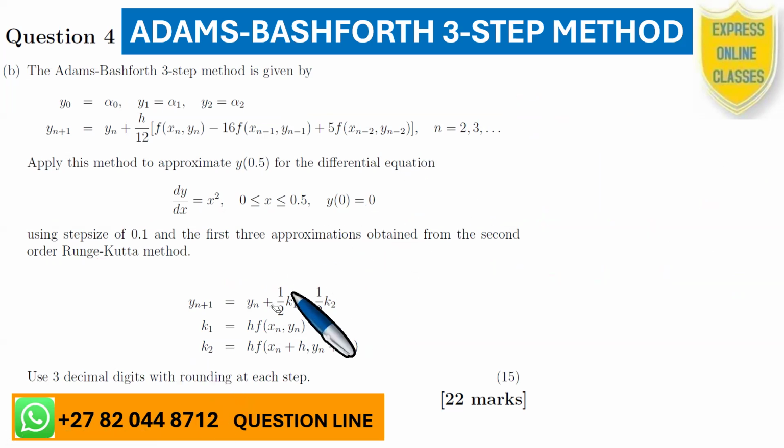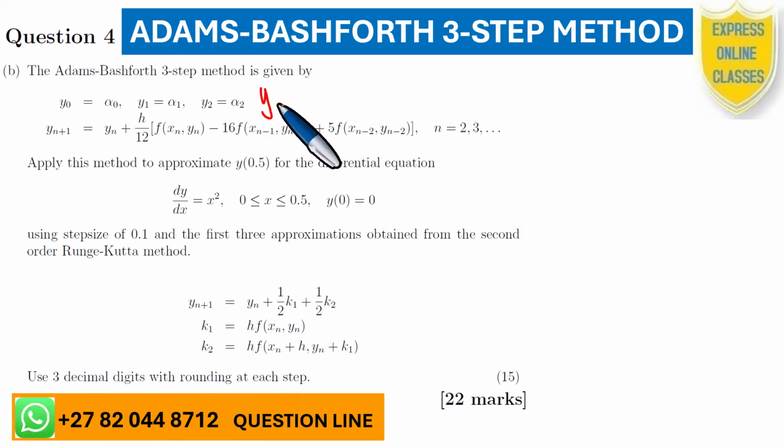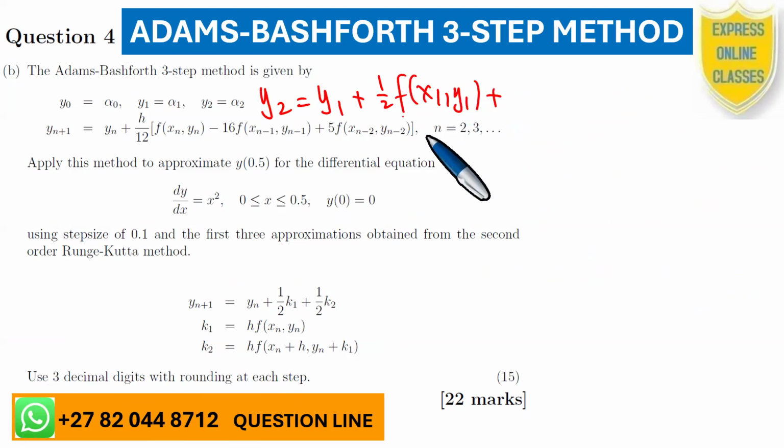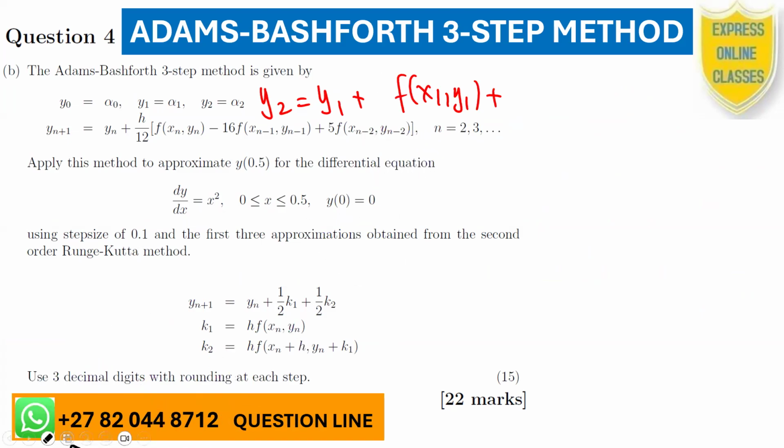Getting y2 according to the Runge-Kutta, y2 is going to be y1 plus 1/2 of h f(x1, y1) plus h f(x1 plus h).